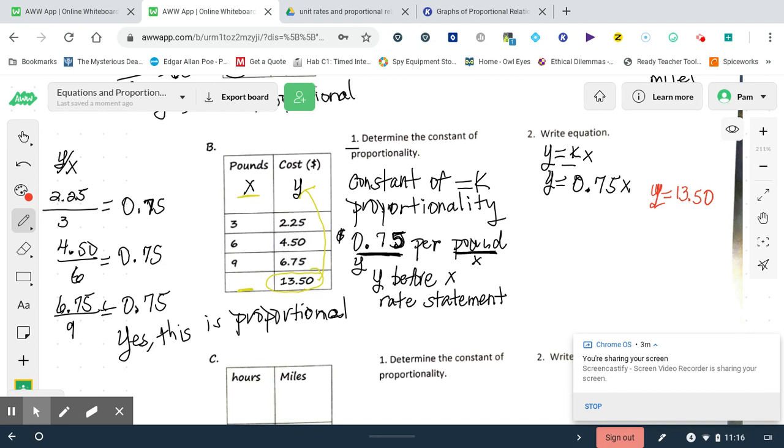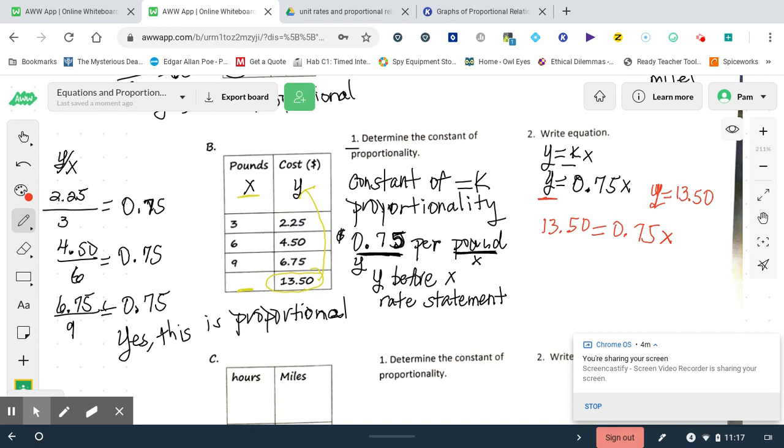So now instead of plugging in for x, I'm going to plug in for y. So you're going to have 1350 equals 75 cents x. I'm writing slowly because that's about the only way I can get it to go in here where you can make sense of it.